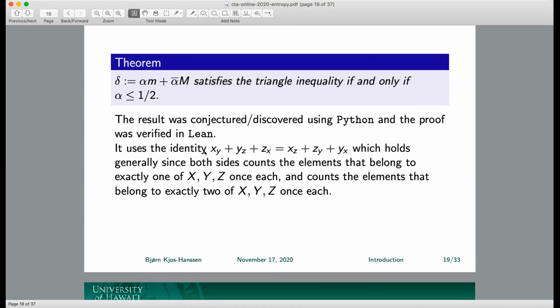So that was this parameter alpha times the smallest of the two parts, little m, plus alpha bar times the bigger part. And then we would just want to see, does that satisfy the triangle inequality? And you can show that that happens just if alpha is less than or equal to half. So in other words, we put more weight on the bigger side of the Venn diagram.